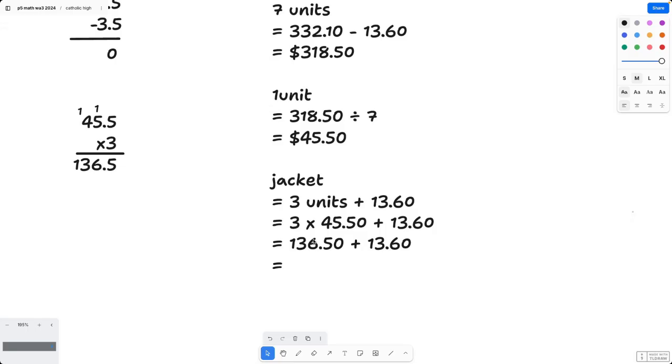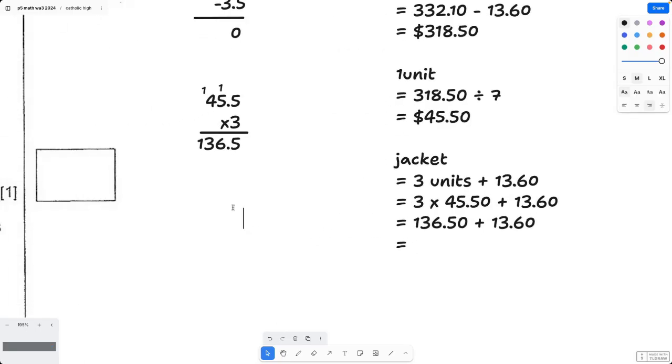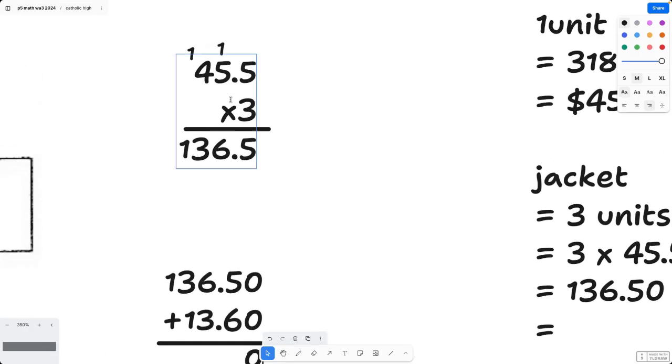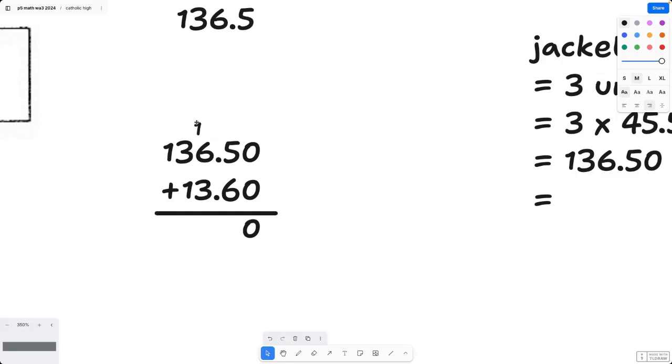Okay, so let's do the workings for this. So 136.50, and then we have plus 13.60. Let's put a line over here as well, right? So with this 0, I'm gonna take this one, put this one over here. So 5 plus 6 is equal to 11. I'm going to put a 1 here.